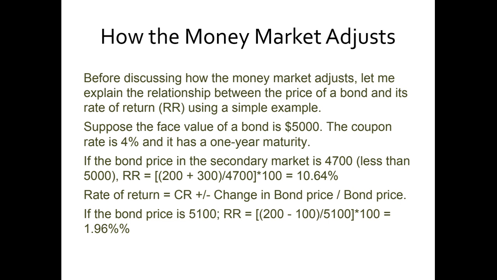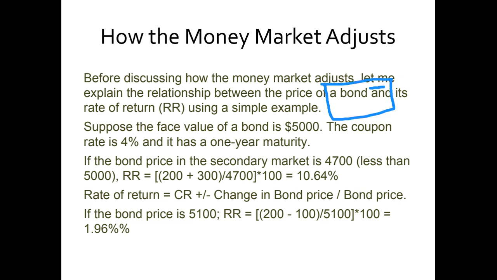So let's take this example, and it is a simple example. Suppose the face value of a bond is $5,000. So $5,000 is printed on the bond. It's already printed on the bond, right? So suppose this is a bond, then 5,000 is printed here.